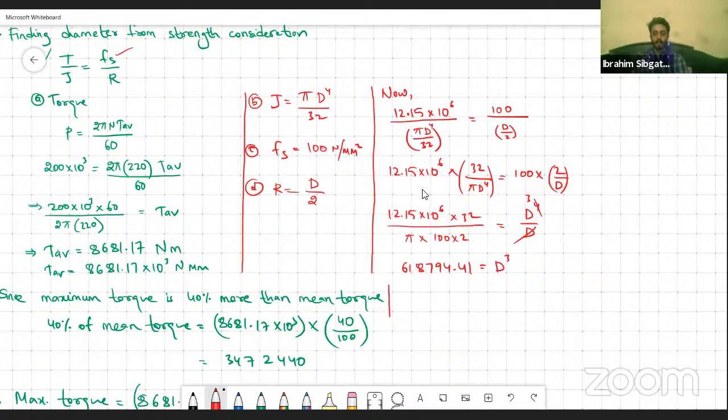Okay, now in the next step, what I will do is I will send cube root on the other side. So it will be 618,794.41 cube root, power of 3 equals to d. Okay, so now you already know how we have to find out the cube root from the calculator. If you don't know, I'll just show it in the camera.